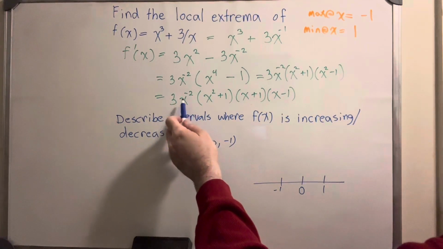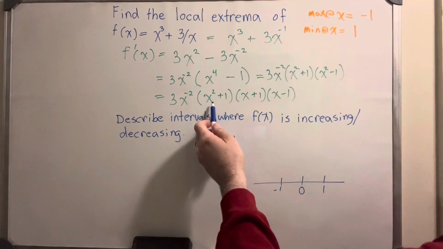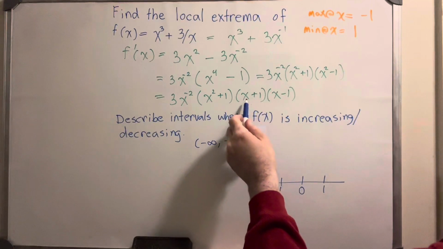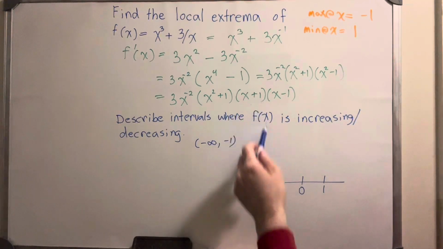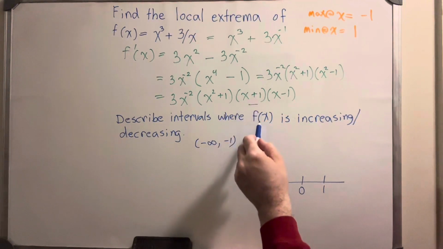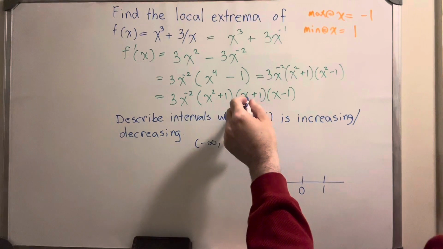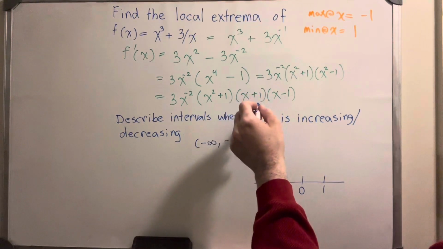This would be a positive number. This would be a positive number. A negative number that is less than -1, this would be negative because, say, -2 plus 1, this would be a negative number.